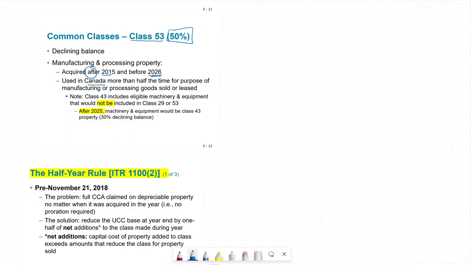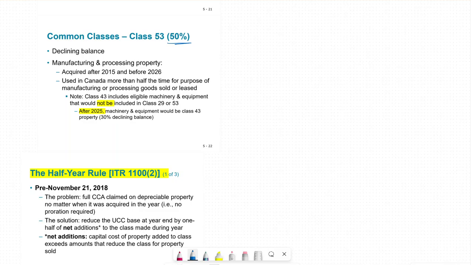If you have another subsidiary in the US or somewhere else, it only applies if we use this manufacturing and processing property in Canada more than half of the time for the purpose of manufacturing goods sold or leased. So we're going to produce the products, and if that's the case, we're allowed 50%.